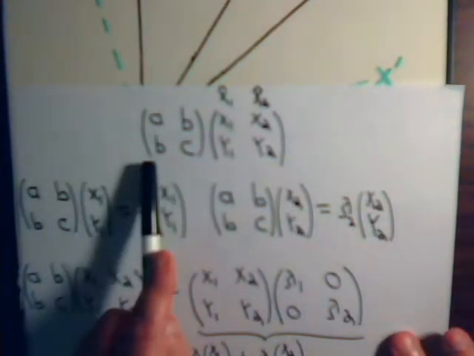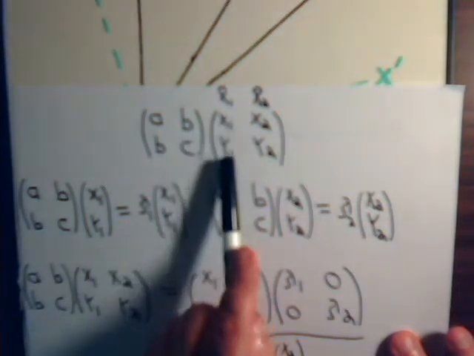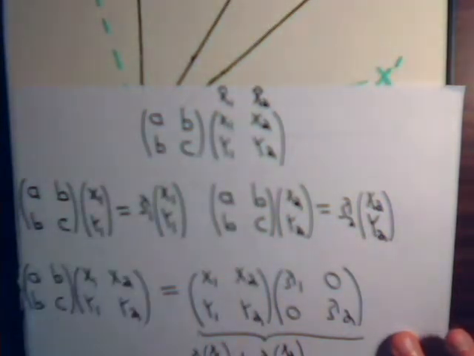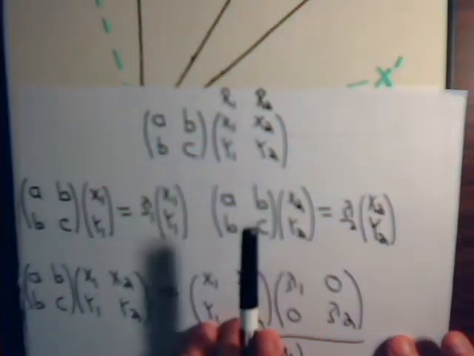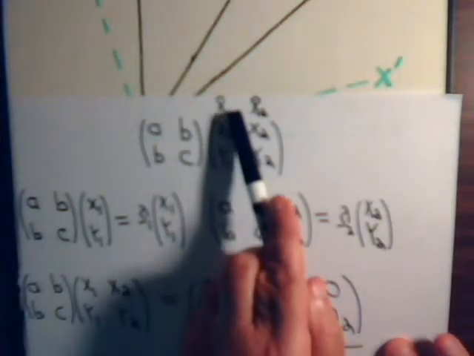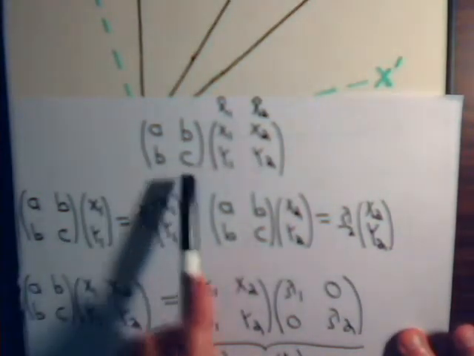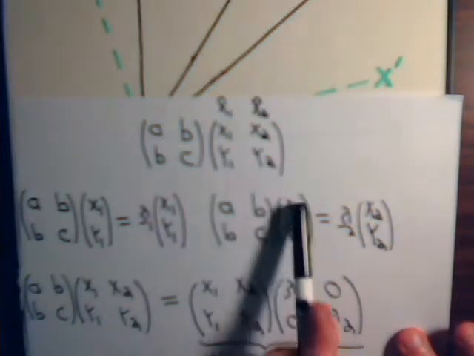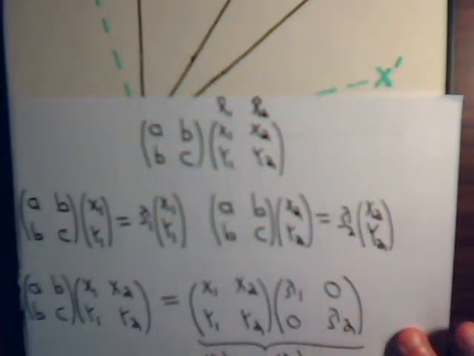So if we have this matrix, which is our matrix P, times this column, x1, y1, that's just going to be lambda 1 times that column, because this is an eigenvector, specifically a unit eigenvector now. Or this times this column, it's just going to be lambda 2 times that column vector.